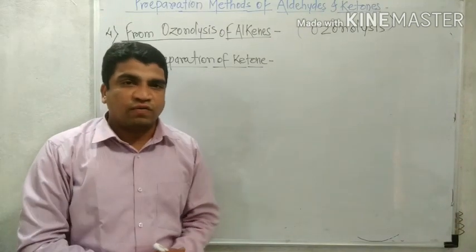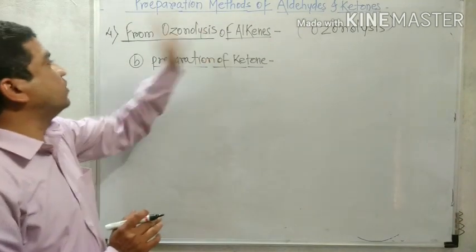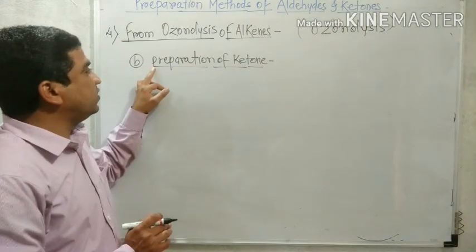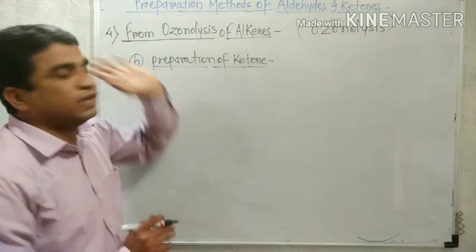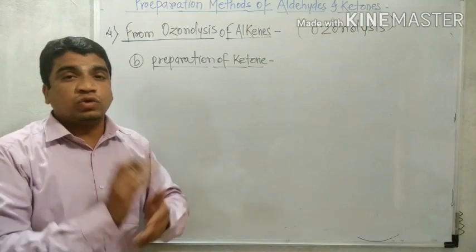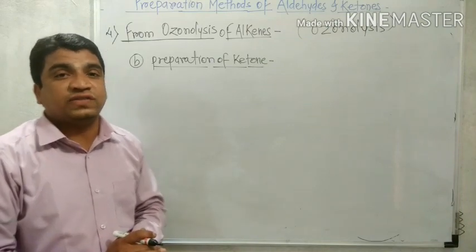After the preparation of aldehyde from this process, ozonolysis, we are going to discuss the preparation of ketone from the same process. How can ketone be prepared from the ozonolysis reaction?